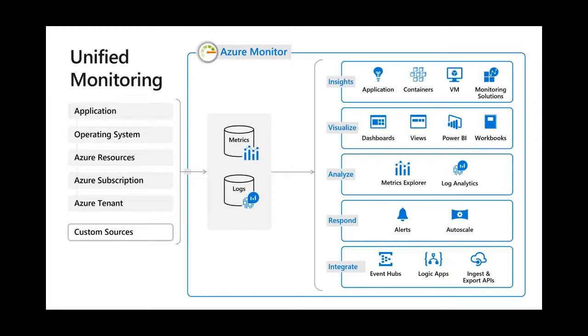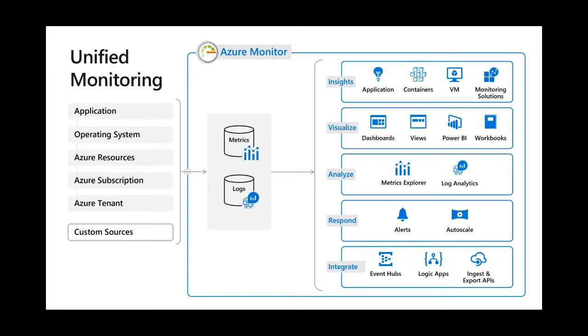Once you gather all this data, you have different options. In terms of data insights, we have Application Insights to provide an overview of what's happening at the application level. We have insights on containers and insights for VMs. All these are out of the box in Azure Monitor in the Azure portal.